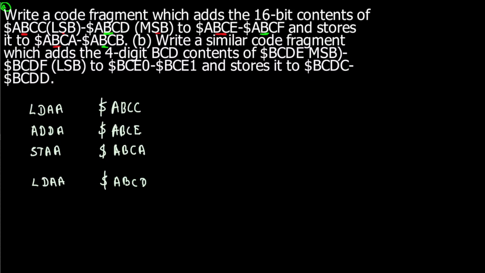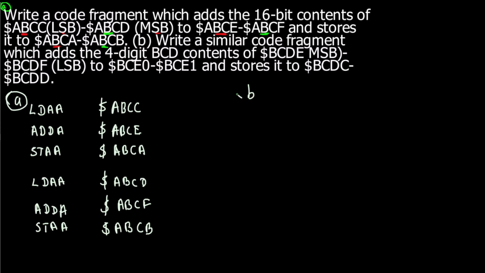Then we add ABCD with ABCF, so we put ADDA with accumulator A, and then ABCF, and then store it in ABCB. So STAA ABCB. This is what has to happen for part A.